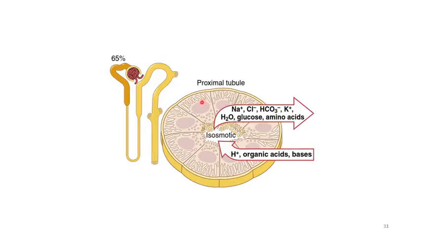In the proximal tubule, as we mentioned, about 65 to 70% of the filtered load will be reabsorbed. For sodium chloride, bicarbonate, potassium, water, glucose, and amino acids, more or less than 70% will be reabsorbed, and also some secretion of waste substances such as hydrogen ion, organic cations and anions, or organic acids and bases occurs in this part.